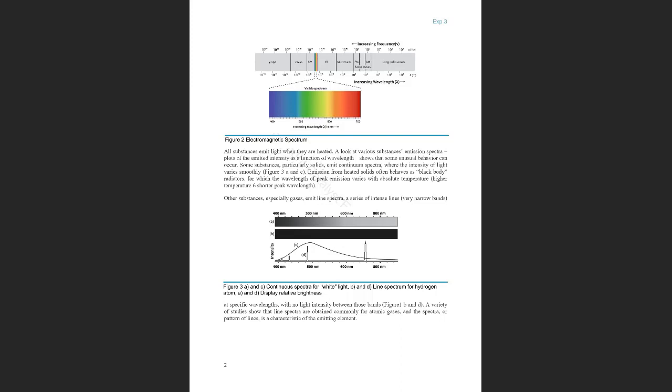And when you look at the visible spectrum, the red light on this side has a wavelength of 750 nanometers and is the longest wavelength in the visible light.